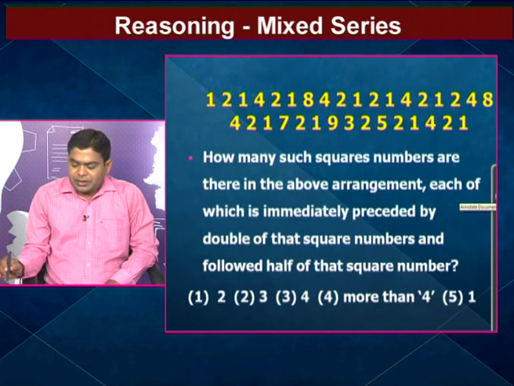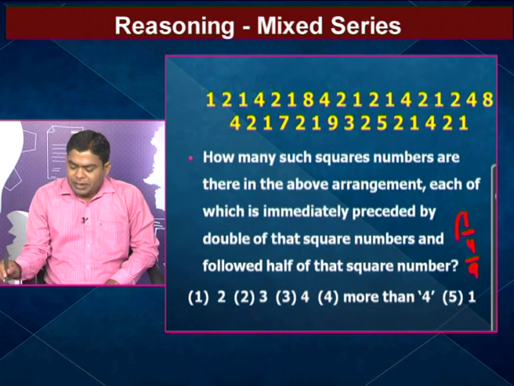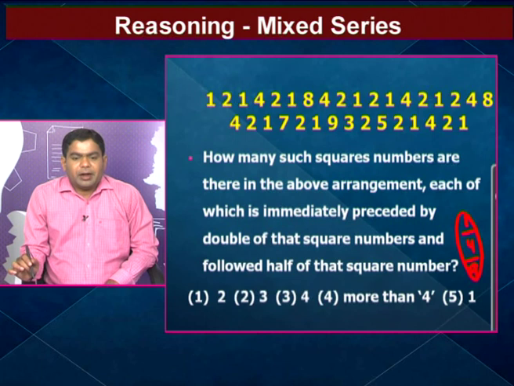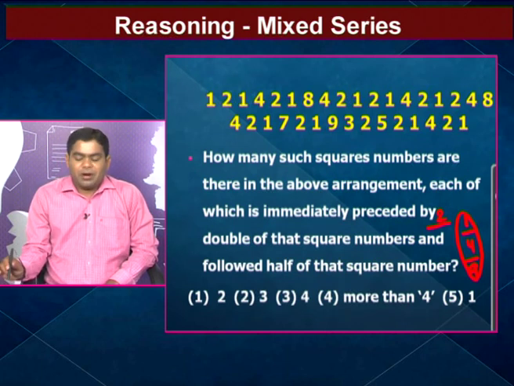Square numbers means either 1 or 4 or 9. These perfect squares must be preceded by double of that square number, that means 2 times, as well as followed by half of that square number.